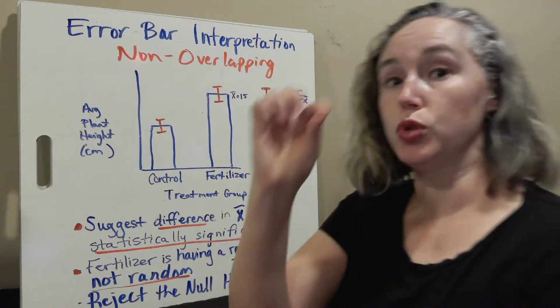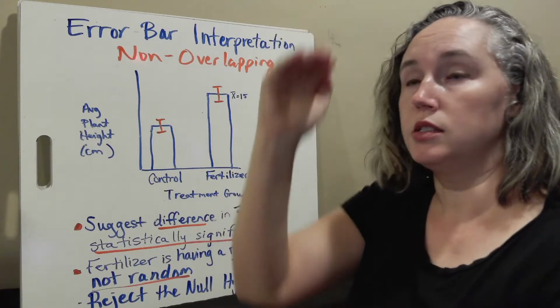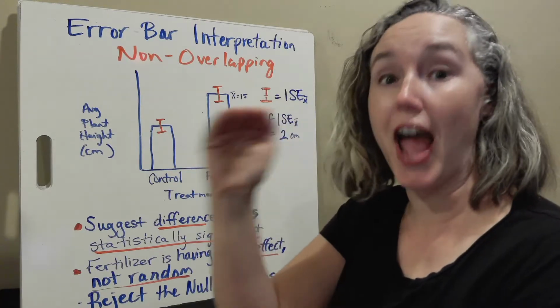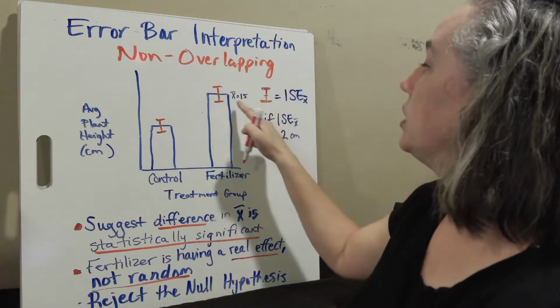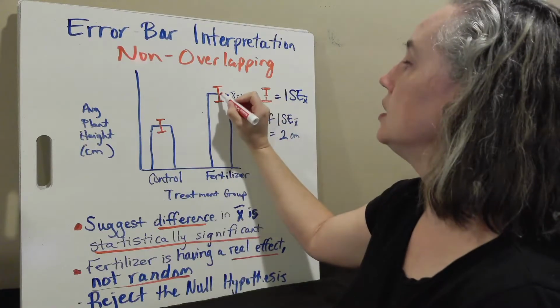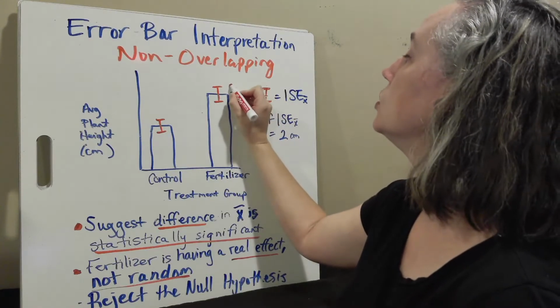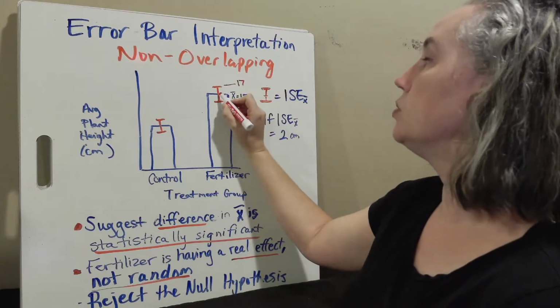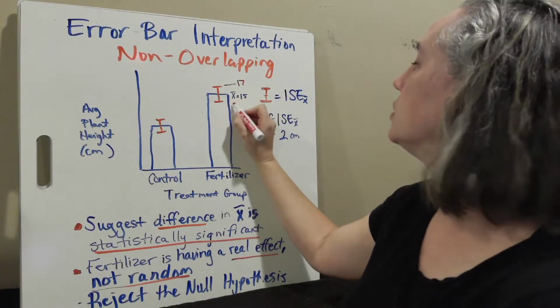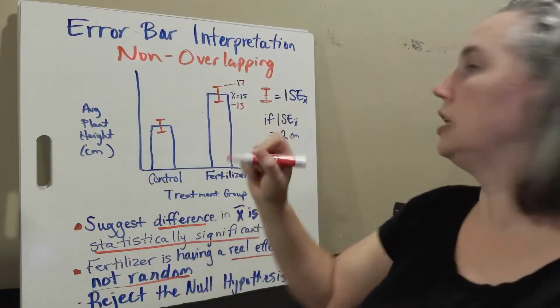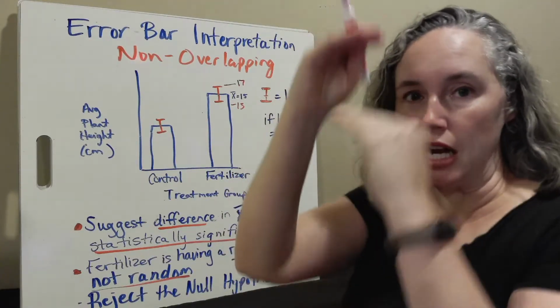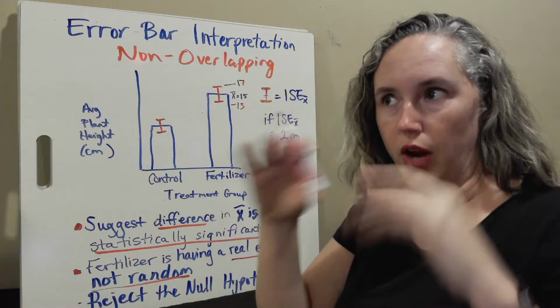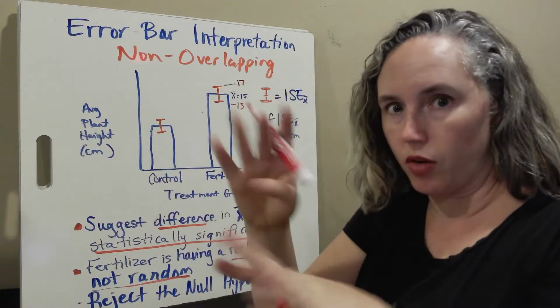So then to draw a standard error bar, you're going to add 2. So if the mean is 15, then we would draw up to 17. And this one, we would go minus 2 down to 13.